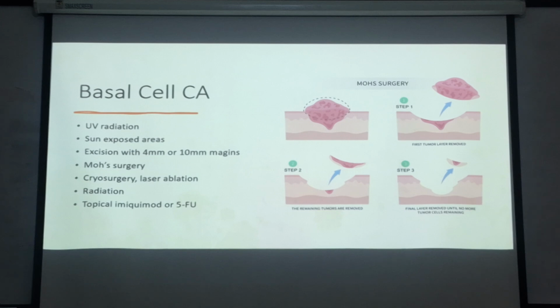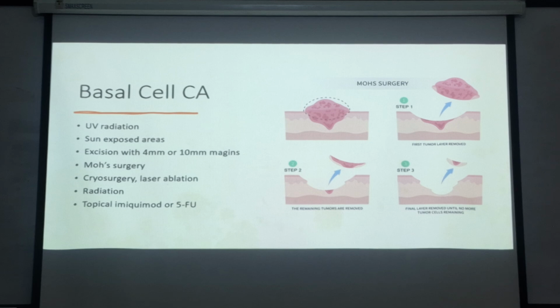During the surgery, the surgeon will cut the lesion and then send it to the pathologist who will do a frozen section biopsy to identify if the margins are positive or negative for the tumor. If they're positive, the pathologist will tell you in what area, and that's where you cut some more. But until the entire margin is negative, that's when you stop.